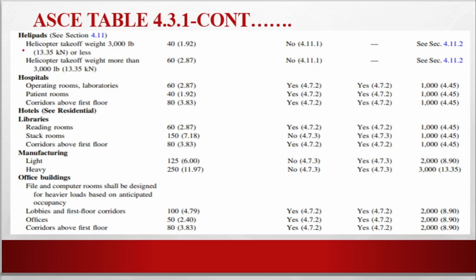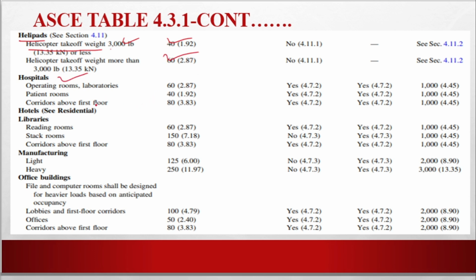For helipads, for helicopter takeoff weights up to this much you will take 40 psf, and at weights more than 3000 pounds you will take 60 pounds per square foot.